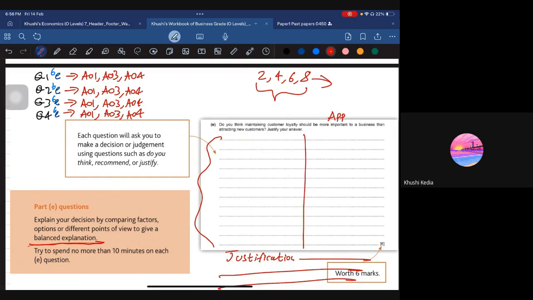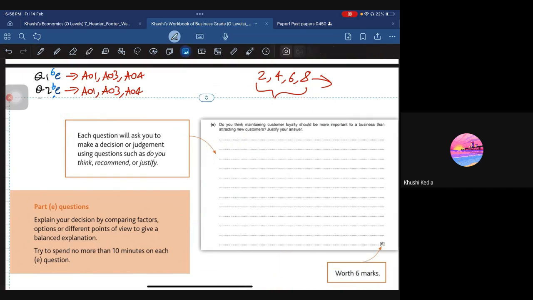Okay, so here we have this. Let's suppose the first part says existing customers. So you write the advantage. And even if you want to write another advantage, you can. Not a big deal, but I guess this will be enough even if you write one.